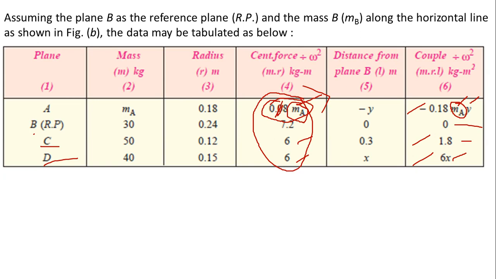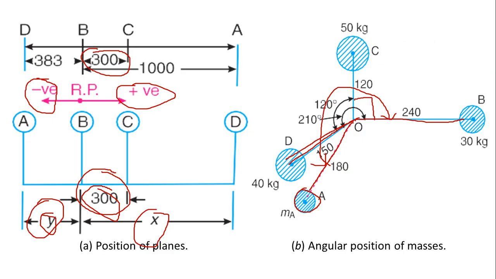Same thing will be done here. So first let us take the A. So it is 0.18 MA into Y. The angular position of A is known to you, that is around 236 degree. Just now we calculated.